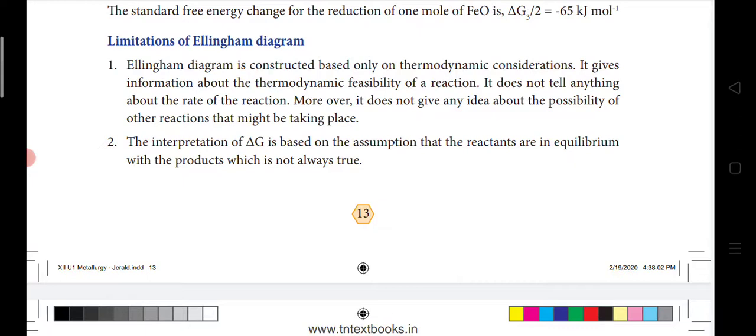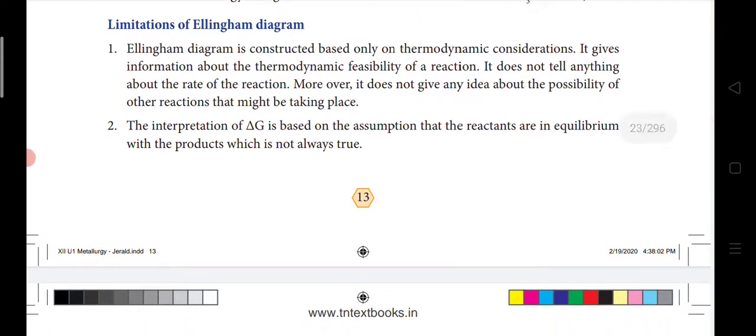But not every reaction will be at equilibrium everywhere. So he assumed equilibrium conditions and gave this graphical representation. But equilibrium will not be achieved at every time. So that is also a question mark. If it is not in equilibrium, then our calculation from the graph will go wrong. So it is not possible or applicable to use this thermodynamical principle of metallurgy at any time.